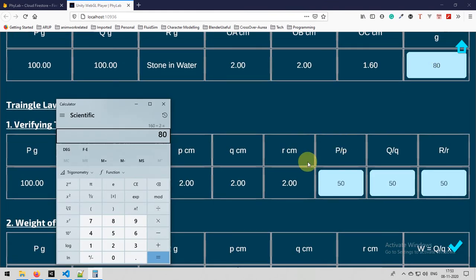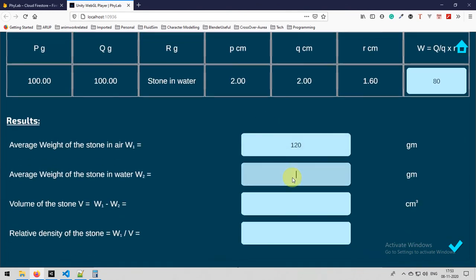At last I will calculate the average weight of the stone, then the average weight of the stone in water, and then I will calculate the volume of the stone and the relative density of the stone. All the formulas are given for you so that you can understand and calculate all your values. Once it is done, I will submit it here.